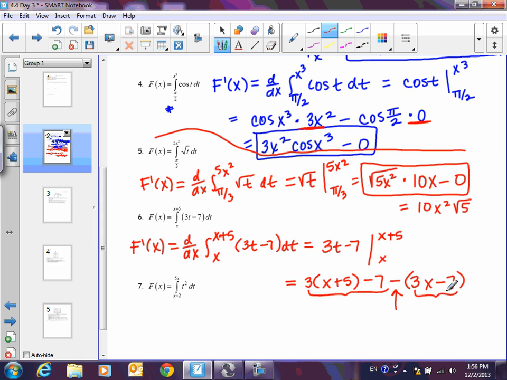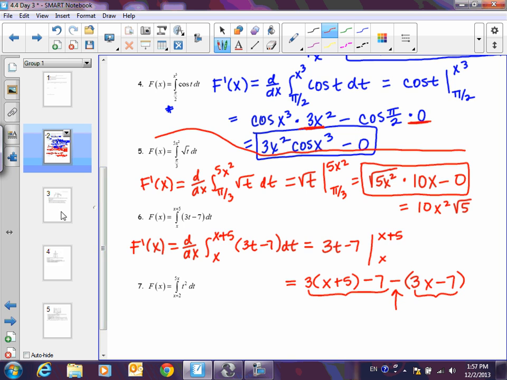You don't want that to happen to you. That's a sad situation. I'm not saying it's sad like you're pathetic, I'm saying it's sad like it hurts me to think that students might miss points because of something they really do know how to do, but they just forgot about it. So just remember that you're subtracting something that could be more than one term. That hadn't happened until this problem.